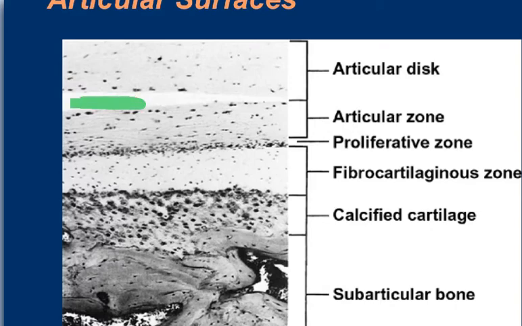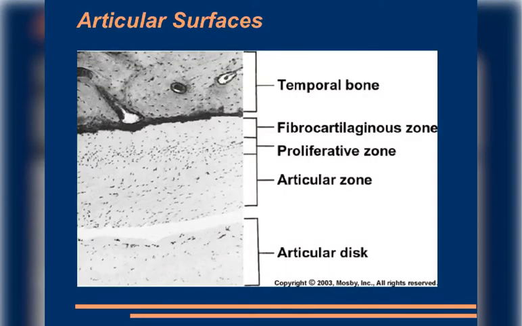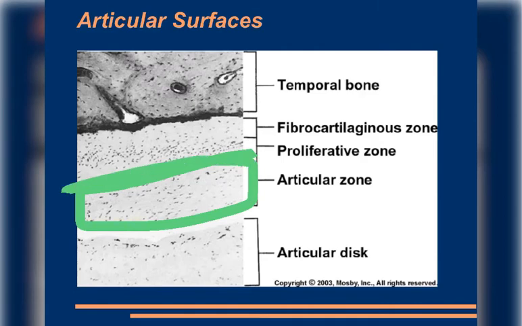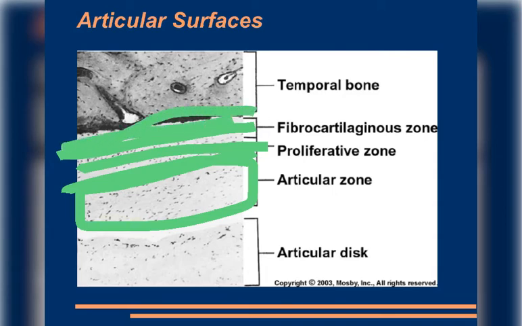Here we have the lower joint cavity. Here we see the articular surface of the glenoid or mandibular fossa. We have the same layers. We have the articular zone, proliferative zone, fibrocartilaginous zone, calcified cartilage zone, but very thin.